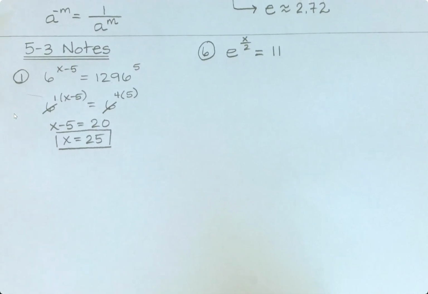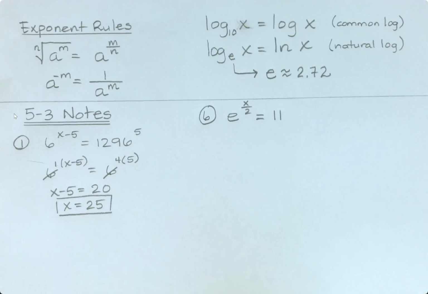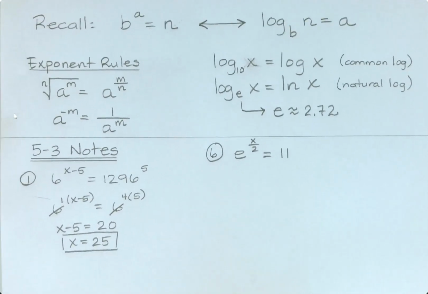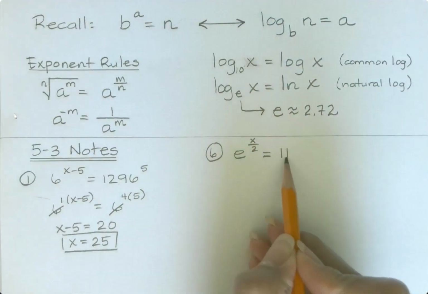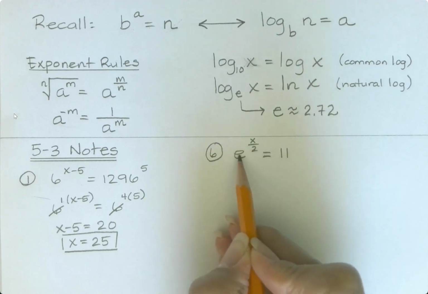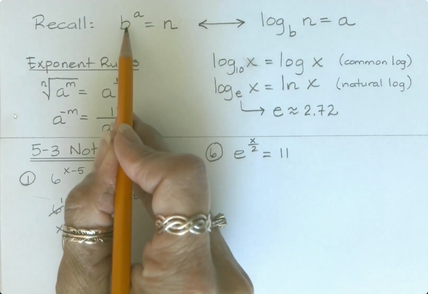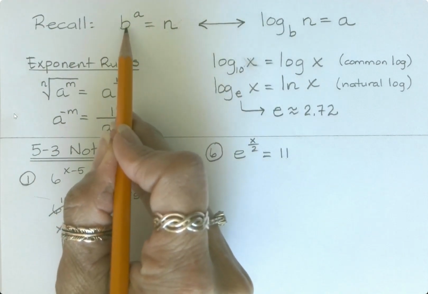Now, first you want to verify when you're solving exponential equations if you can solve this by finding common bases. Now, finding a common base right now, e and 11, that's not going to happen, okay? But we do realize that it is written in exponential form, in basic exponential form.